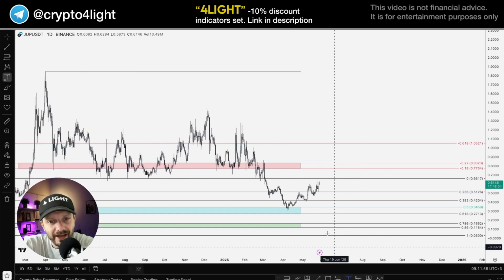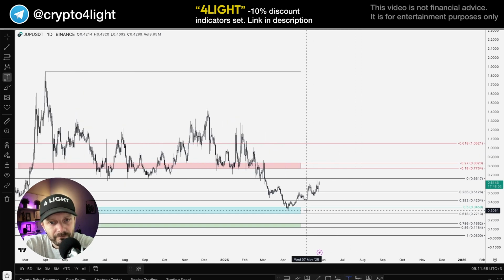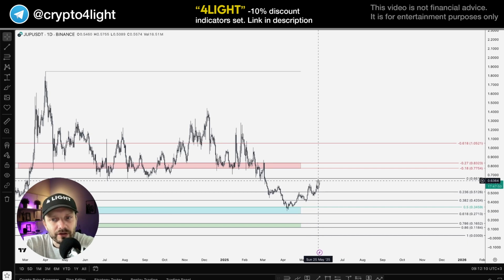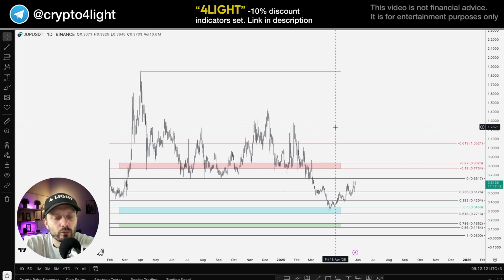It's a logical entry here from 0.5, from the 50% of the range, so around there, we bounced 100%. So if you add a limit order, let's say 31 cents, 32 cents, now you can easily withdraw your initial deposit and ride with the free tokens, free money from the air, guys.